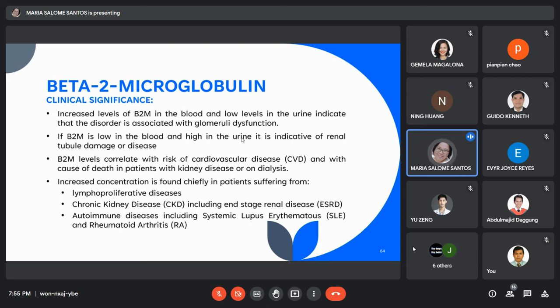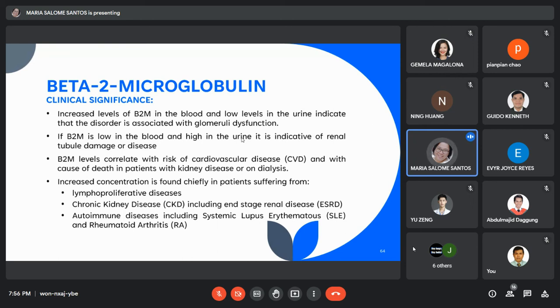If the beta-2 microglobulin is low in blood and high in urine, it is indicative of renal tubular damage or disease. So beta-2 microglobulin levels correlate with risk of cardiovascular disease and with the cause of death in patients with kidney disease or on dialysis.